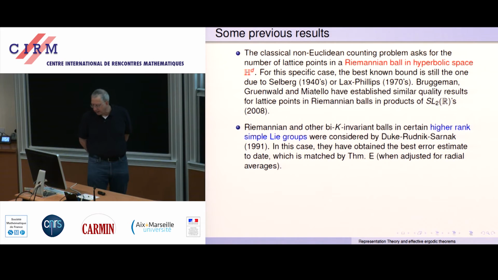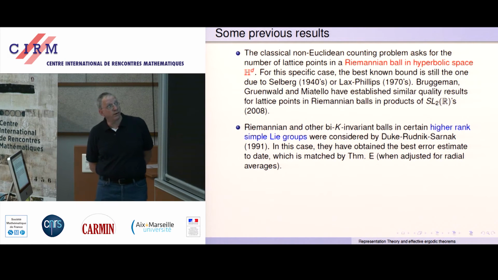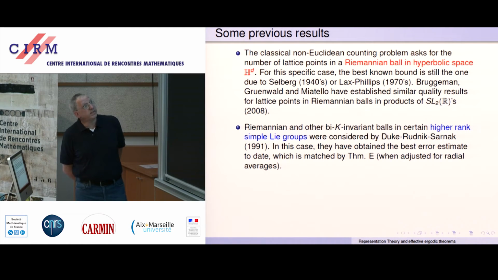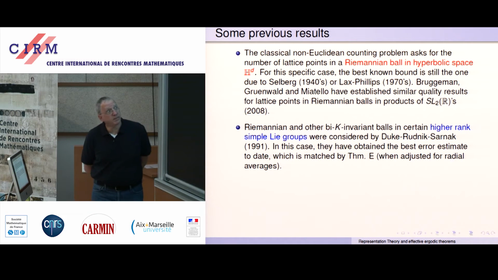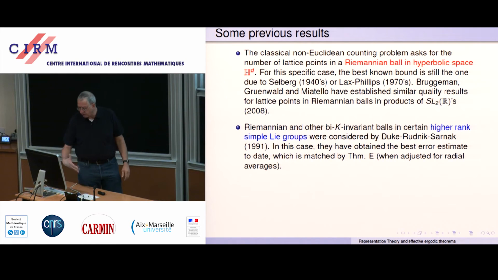Riemannian and other bi-K-invariant balls in certain higher rank simple Lie groups were considered by Duke, Rudnick, and Sarnak in 1991. And in this case, they have obtained the best error estimate to date. And this error estimate is matched by theorem E that we've discussed, except that when you have bi-K-invariant averages, you have to adjust the argument to this case, and then you can match this error estimate.